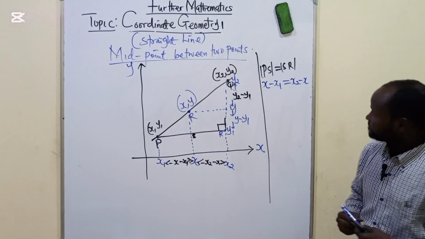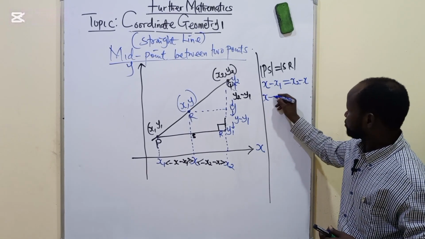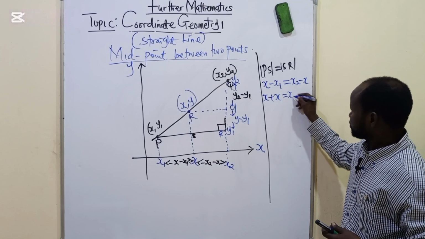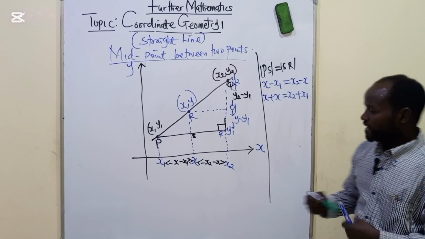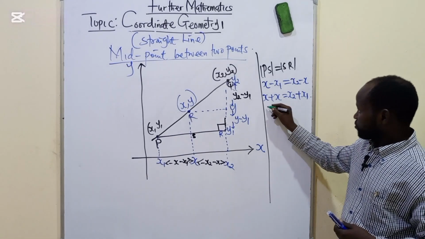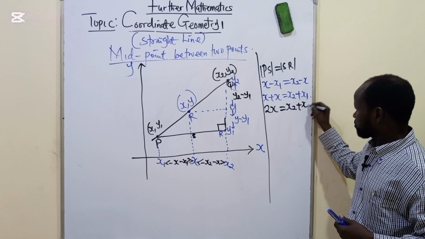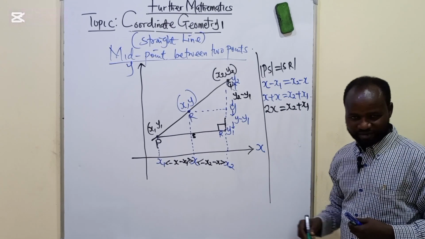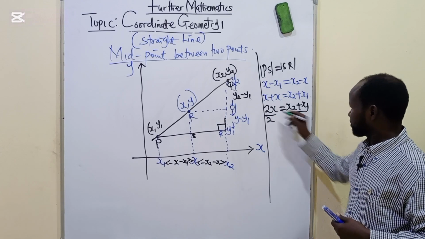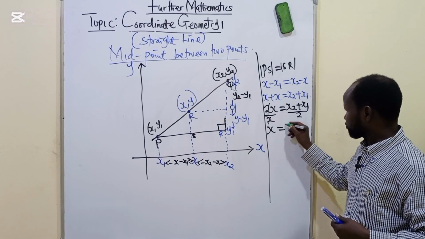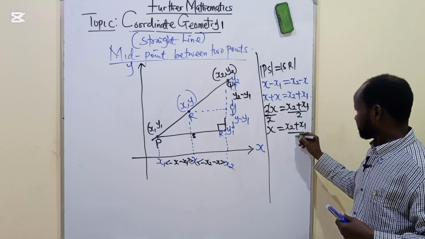Let's collect like terms. We transfer this x here. We have x plus x will be equals to x2. This is minus, that will be plus x1. Let's add x plus x, that will be 2x, will now be equals to x2 plus x1. So let's divide both sides by 2. If we divide both sides by 2, x now will be equals to x2 plus x1 divided by 2.